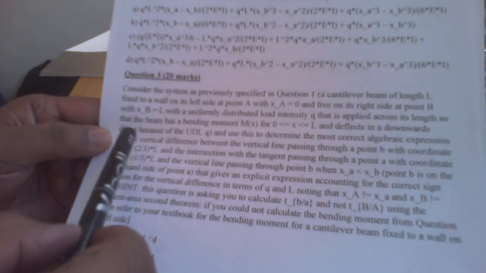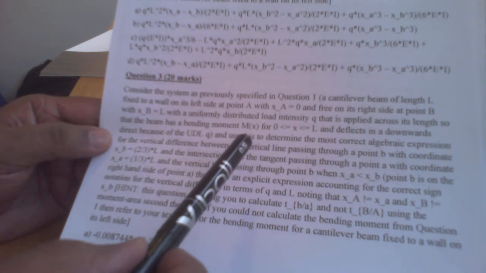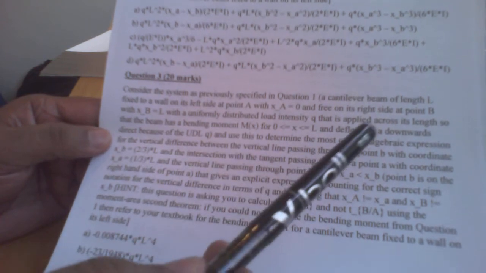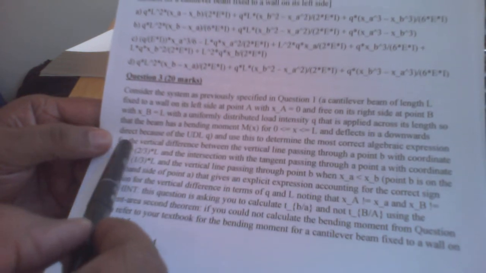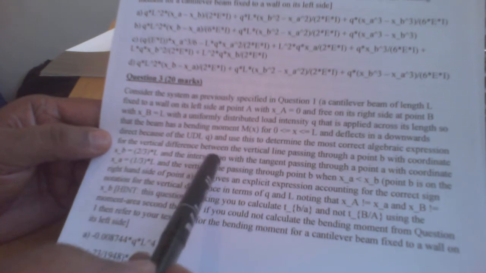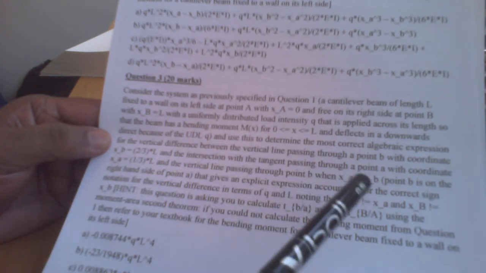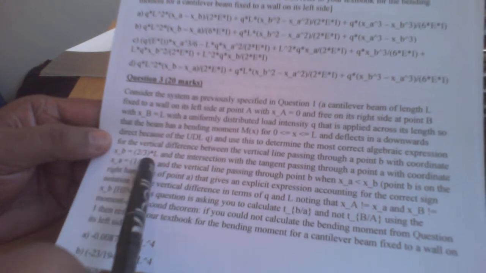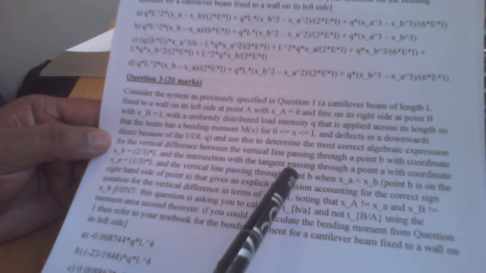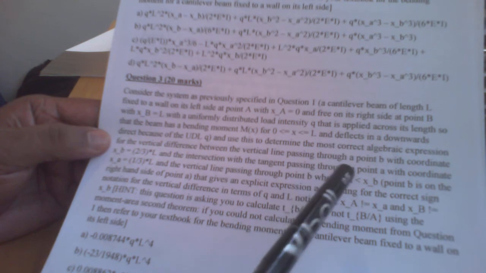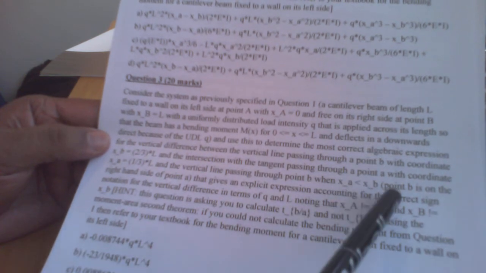The cantilever beam fixed on the left hand side with the UDL across it, and use this to determine the most correct expression for the vertical difference between the vertical line passing through a point B with a coordinate 2/3 of L and the intersection with the tangent passing through a point A with a coordinate of 1/3 L, and the vertical line passing through point B when XA is less than XB.